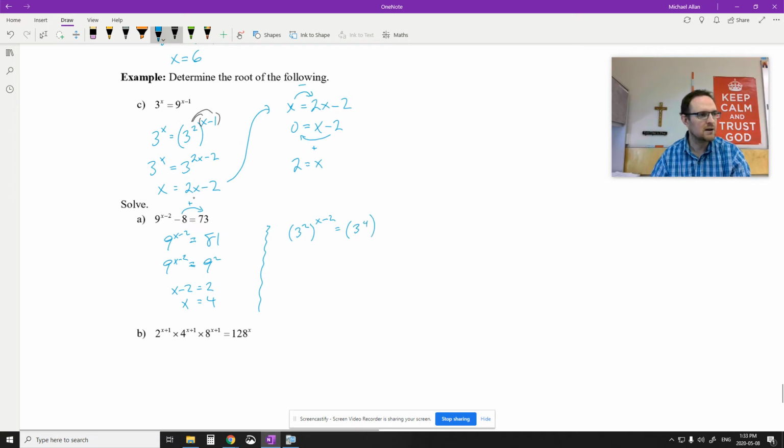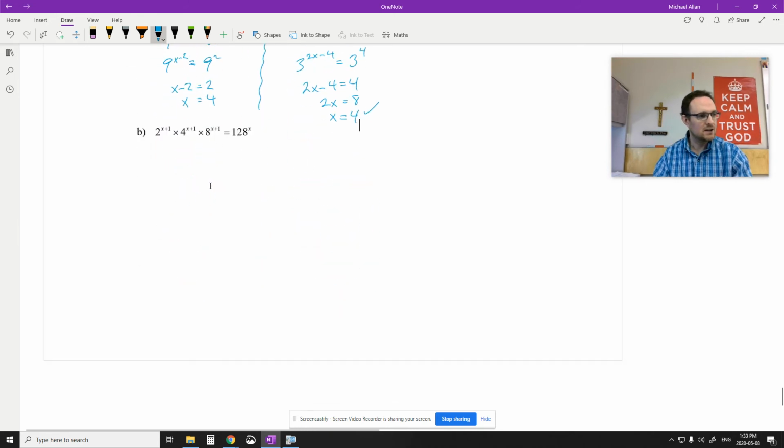We're going to do the power to the power here. So this changes into 3 to the power of 2x minus 4 is equal to 3 to the power of 4. I drop my base. Yeah, get the same answer both ways.